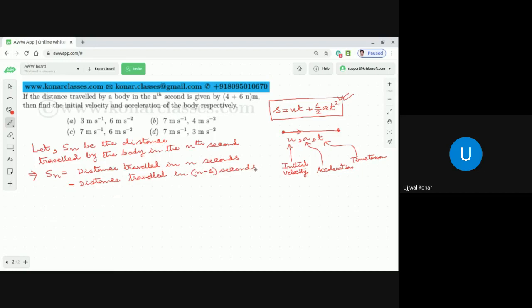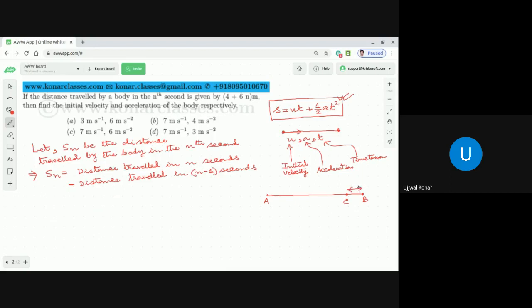Got it. That means, suppose this is the initial point. Initial point is A. And in n seconds, the position is at B. And at n minus 1 seconds, the position was at C. Then this is the distance actually covered in the nth second.